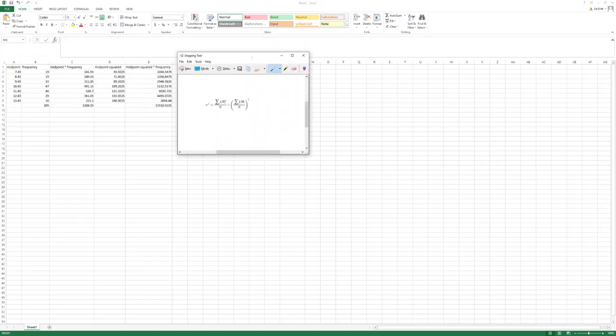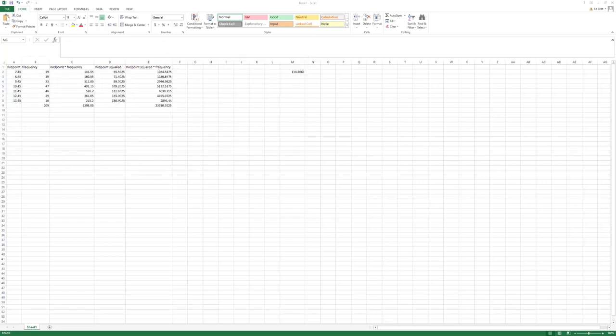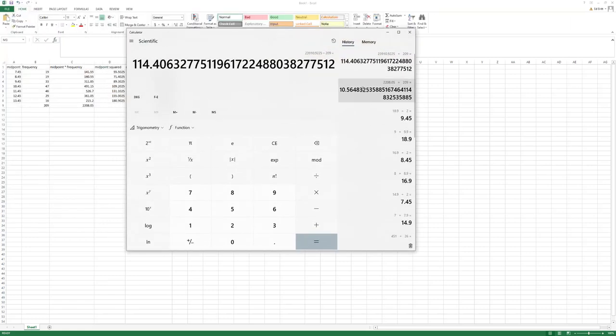Right here, where you can see my mouse is kind of covering part of the formula, now we have to say minus the mean squared. See this little 2 out here? We have to take the mean and square it. So I'm going to take the mean, which was 10, out to a couple of places, 10.5648, and then I'm going to square it.